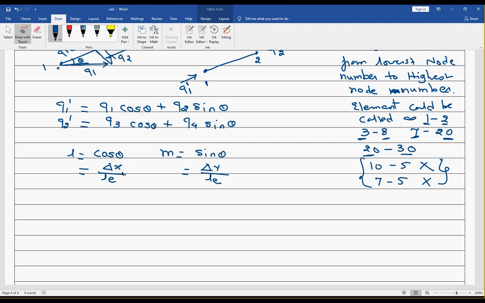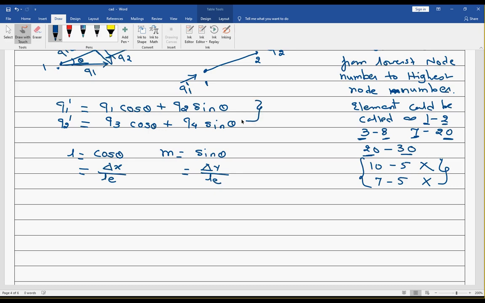Because cos of minus theta is cos theta, that is what is going to give us the problem. Therefore remember, always calculate delta x by LE as cos theta and delta y by LE as sin theta, always. Okay, because we are dealing in three-dimensional space and an angle between 0 to 360 degrees. So this is the way to do it.